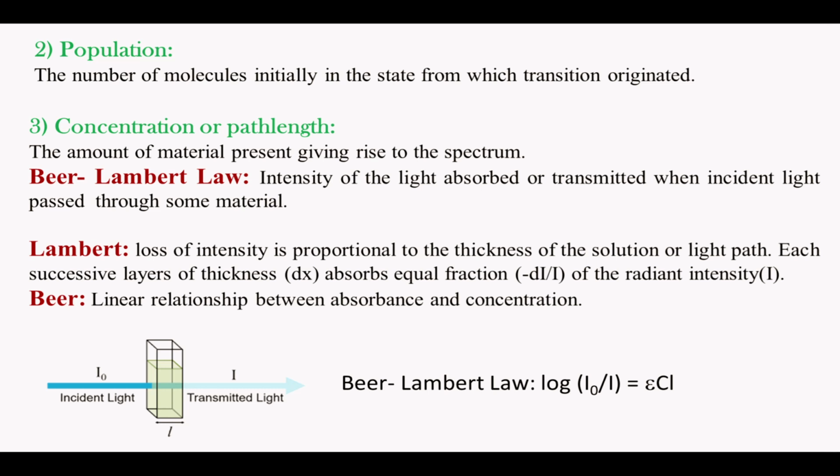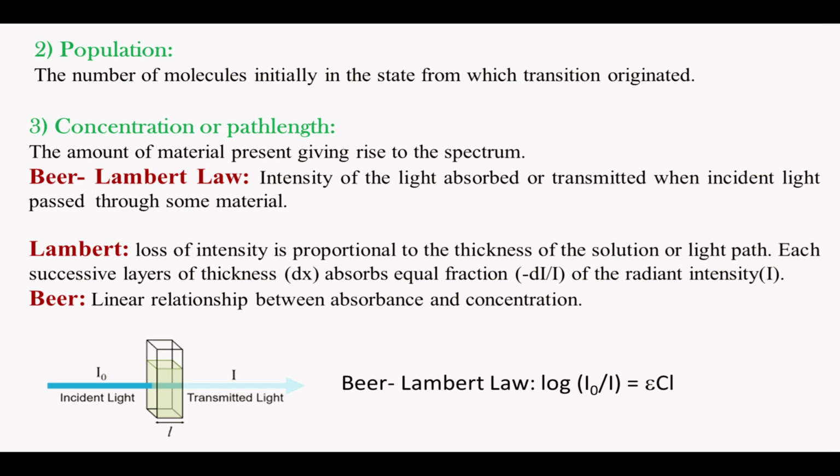So it is getting a 1 centimeter path length number of molecules through the 1 centimeter. Now imagine if, instead of 1 centimeter, we take a 1 millimeter cuvette, so light will pass through only 1 millimeter. So the intensity will reduce 10 times.